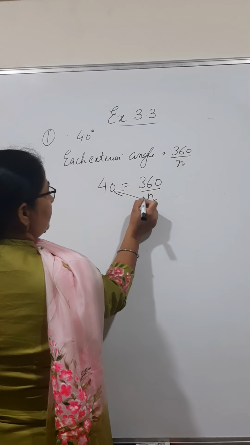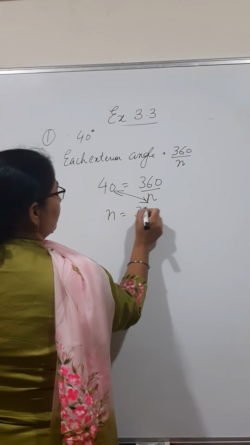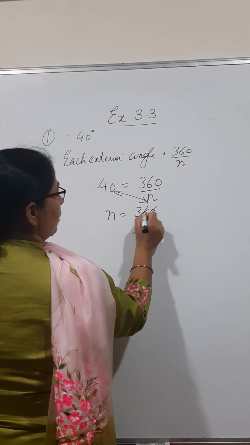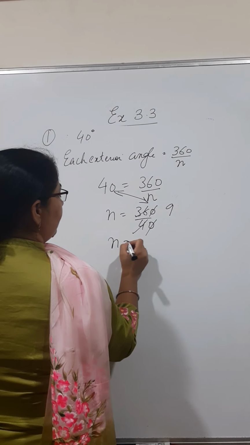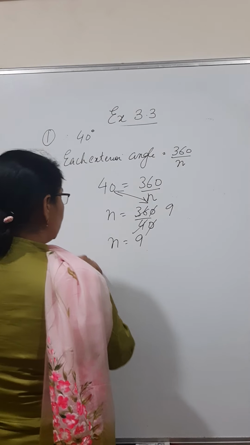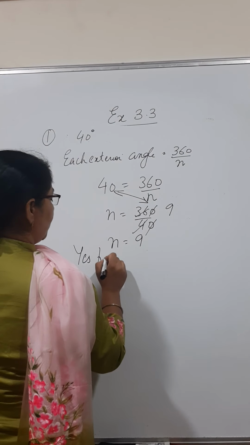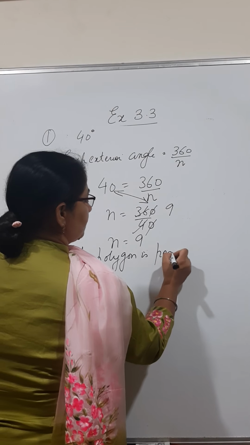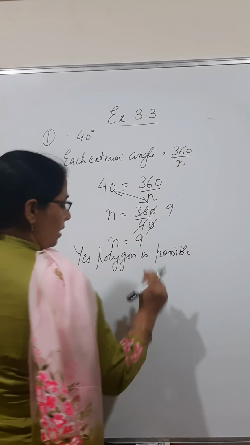When you shift these, n becomes equal to 360 divided by 40. 0 cancels with 0, 4 9s are 36. So n is 9, a positive integral value. So yes, the polygon is possible.